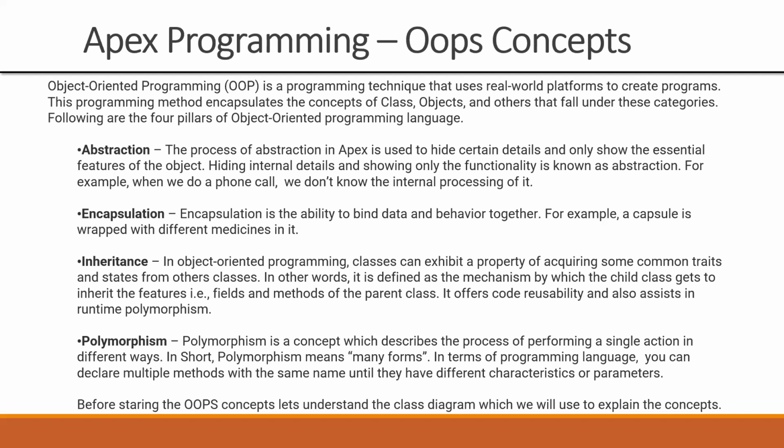If I calculate the area of a square, it will be length into length, because the length is square. If I take the area of a rectangle, it will be length into height. If I am talking about the area of a circle, 2 pi r, where r is the radius. For any other type of shape, like pentagon or hexagon, the area will be different.